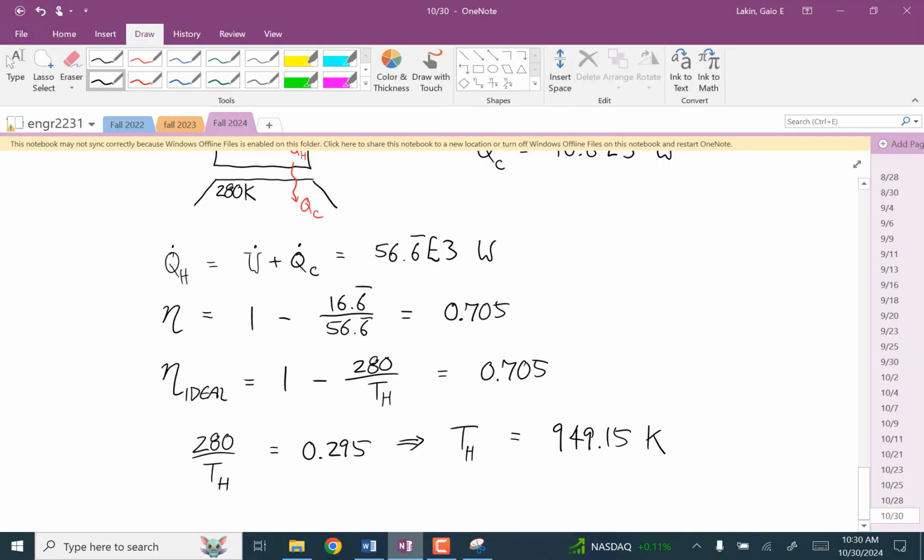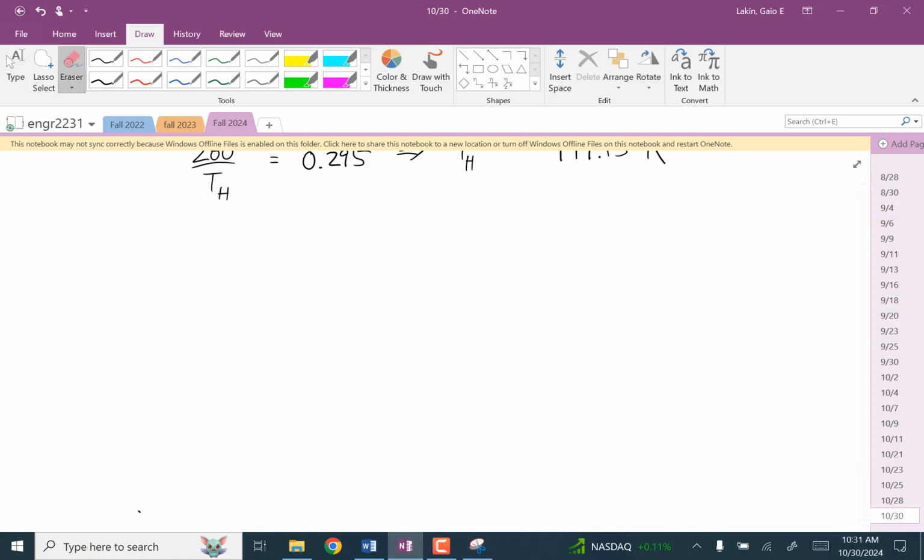So what was I going to do next? I was going to do an example problem of the next set of problems, which is Clausius inequality.